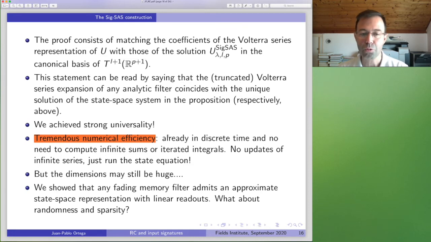In applications, usually you have discrete time series, right? So the first thing that you have to do is to put this in continuous time. People traditionally use the lead-lag transformation, but these iterated integrals are costly to compute, and that's why it's rare to go beyond order 3 in those expansions. Here, that is not the case. Here there are only these polynomials. It is already formulated in discrete time.